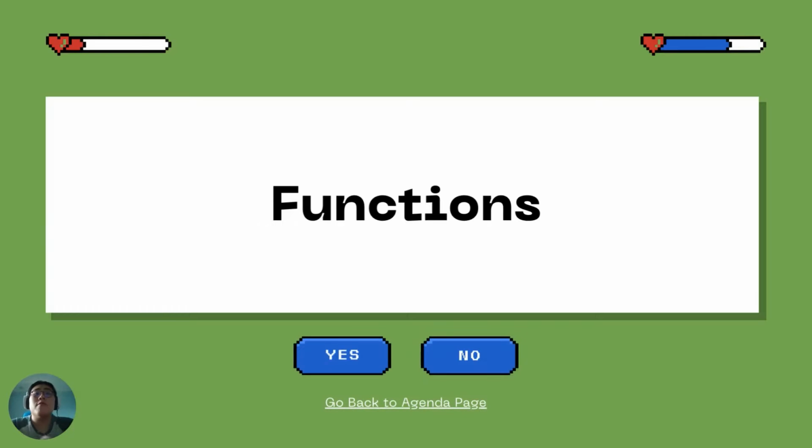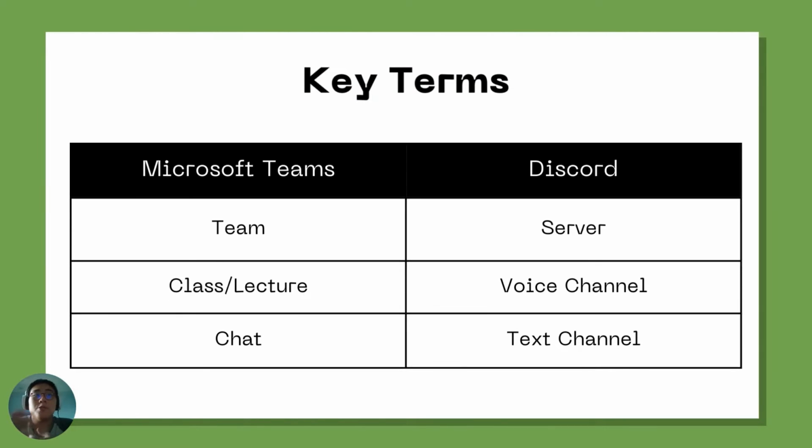All right, so moving on to the functions of Discord, but before we go into that, here are a few key terms which you should know before you get confused. It's very similar to Microsoft Teams, because Microsoft Teams and Discord both share the same functions. They are more of a join call, leave call kind of application. In Microsoft Teams we would call it a team, but in Discord we would call it a server.